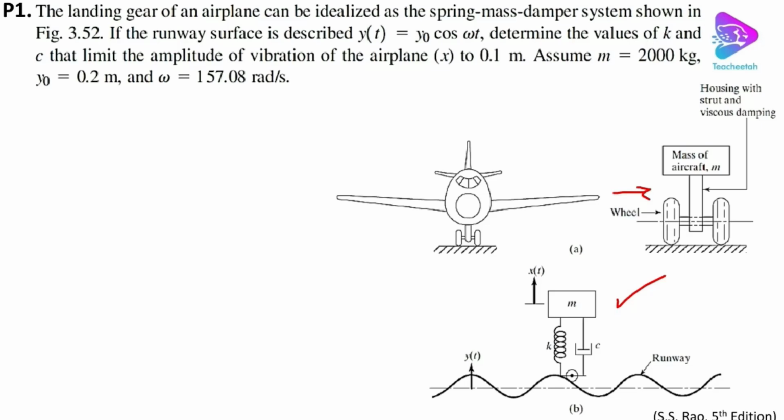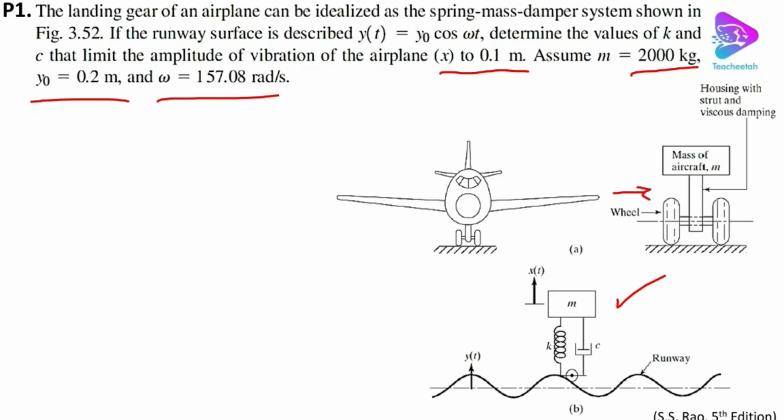So it's a design problem. We need to find the value of k and c, or the stiffness and damping constants of the landing gear, so that the amplitude of the vibration of the plane is limited to 0.1 meter. The mass of the airplane located on the landing gear is given. The amplitude of the bumpy base excitation is given, as well as its frequency.